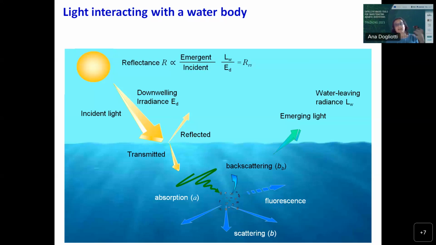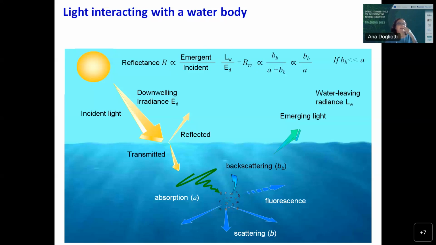So it's the amount of energy that is actually reflected. Put with the nomenclature I mentioned, it is the water leaving radiance over the downwelling irradiance. And that's what we usually call remote sensing reflectance, which is one of the products we can obtain from remote sensing.